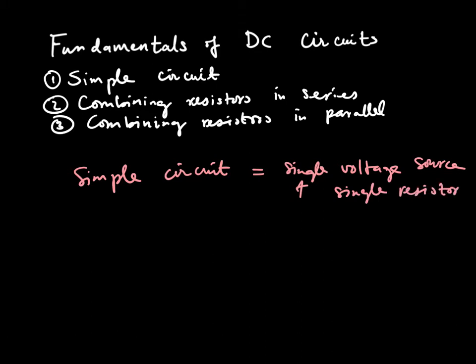So by the same reasoning, a complex circuit will be one which comprises multiple voltage sources and possibly multiple resistors.